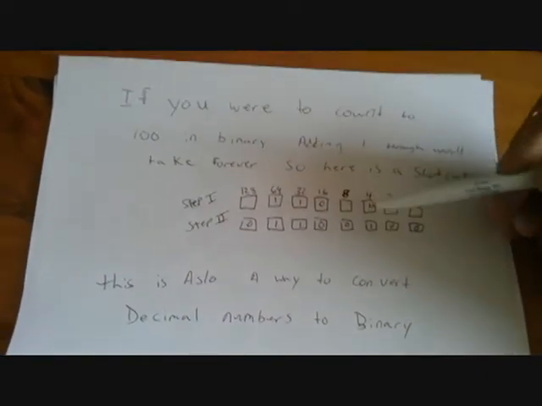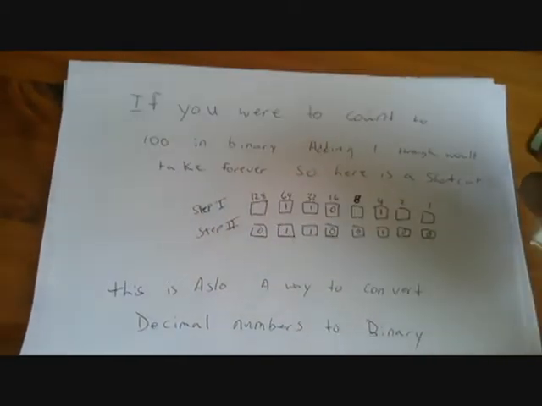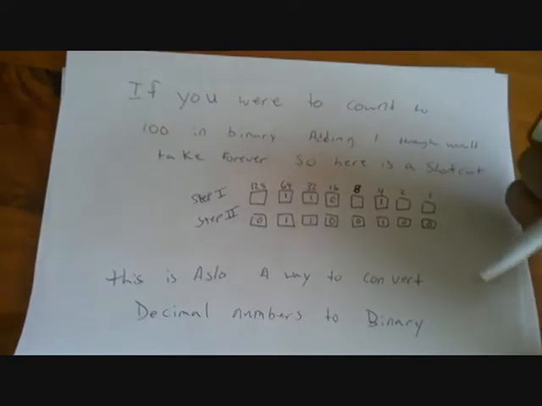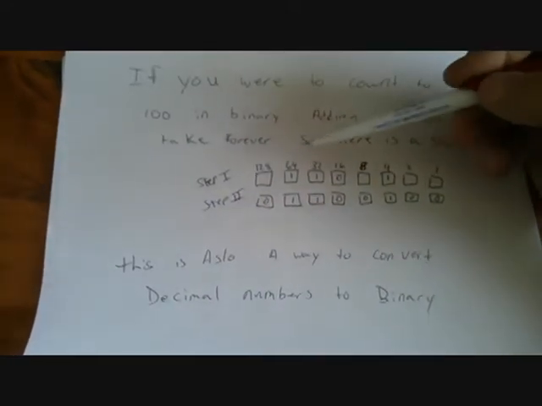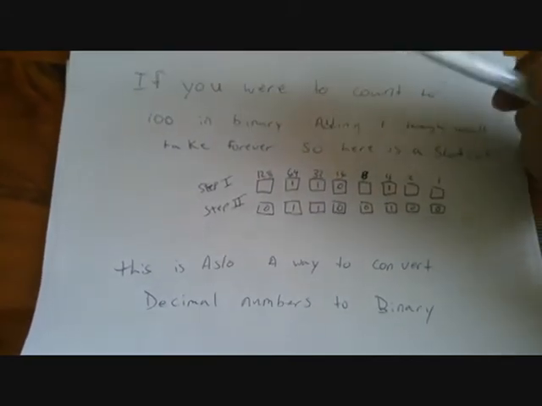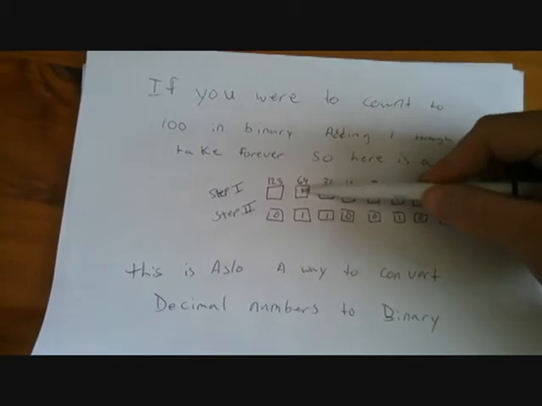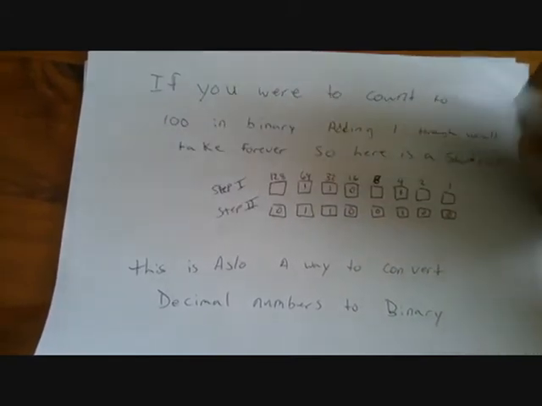We're only counting to 100, so I don't need to go any further than this. This is another way to convert decimal to binary. I say I need 100. The largest number that's less than 100 is 64. I take 100 minus 64 and I'm left with 36.